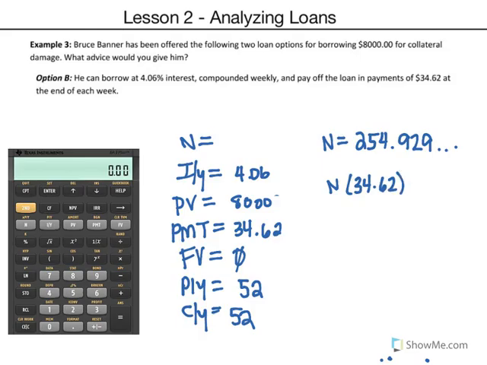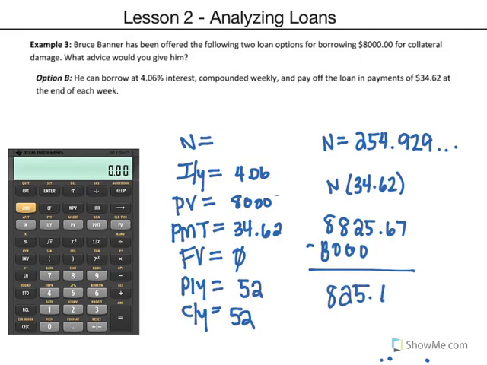And you should get 8825.67. To figure out how much interest, we're going to subtract the initial $8,000 that he had loaned, and he has to spend $825.67 on interest.